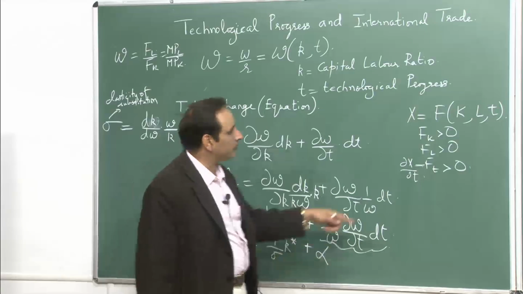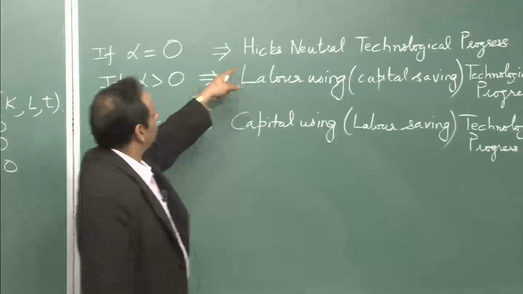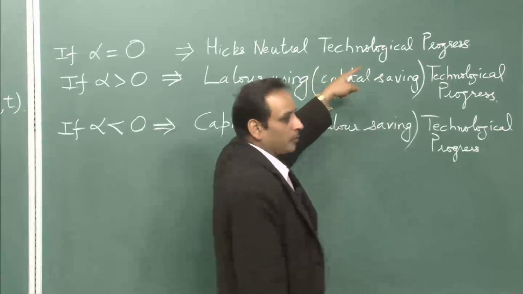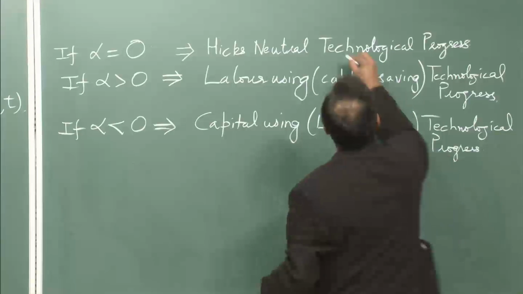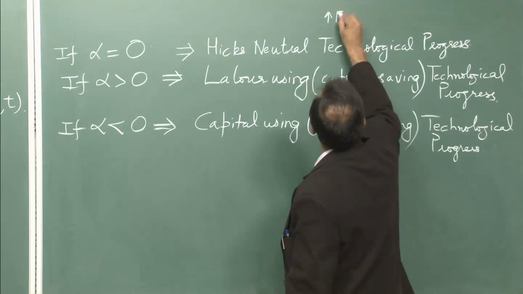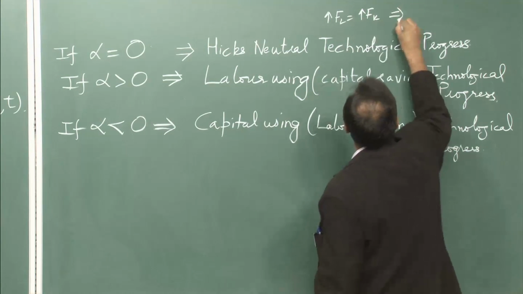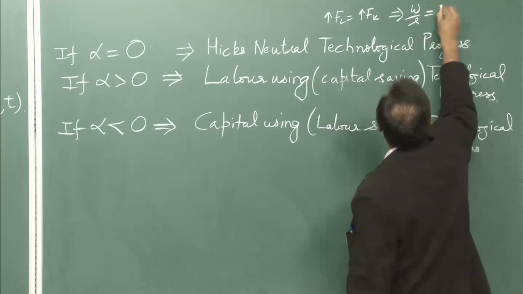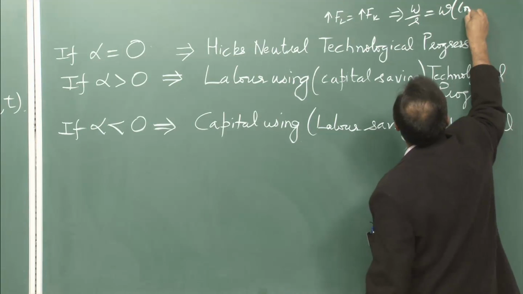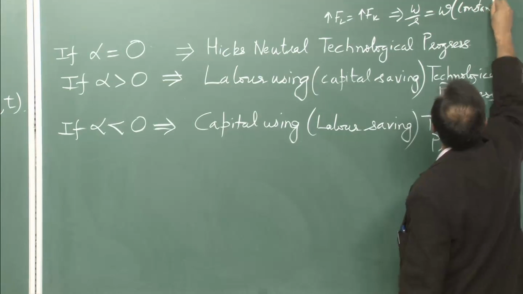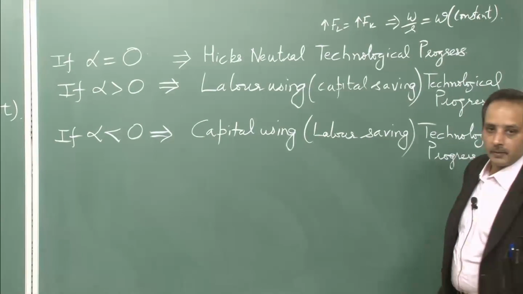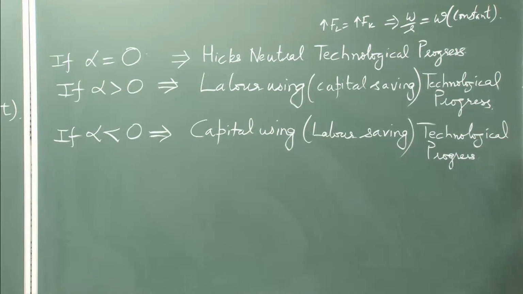So, alpha is equal to 0, this is called the Hicks neutral technological progress. Inherent in this is that the increase in FL is equal to the increase in FK. As a result, W by R ratio or omega remains constant. This is Hicks neutral technological progress.